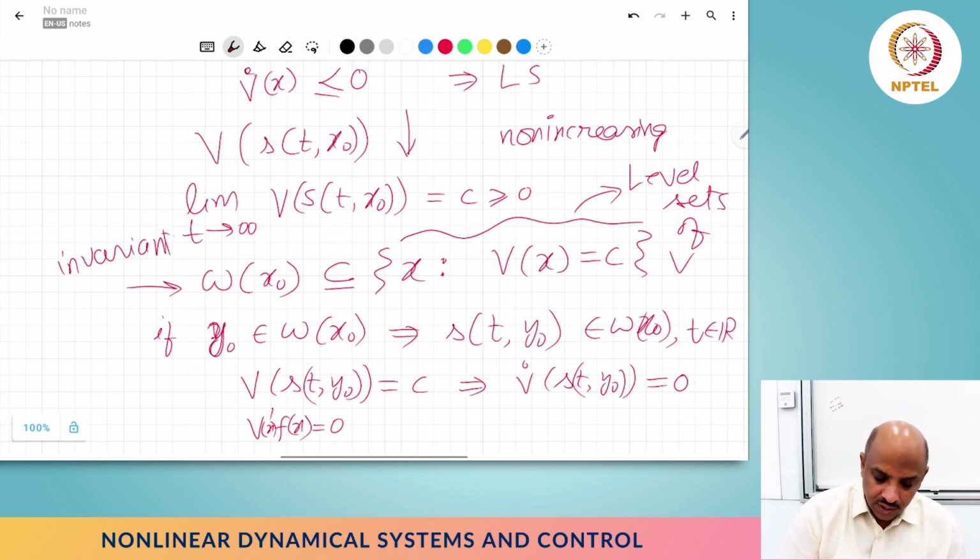And then in some sense start looking for invariant sets in that, and those invariant sets will provide us where we want to go, right?